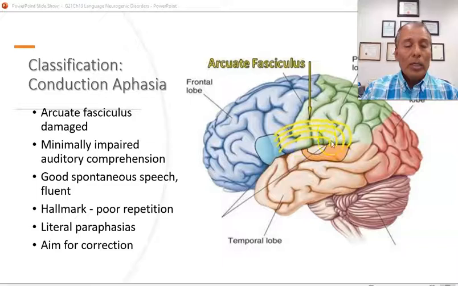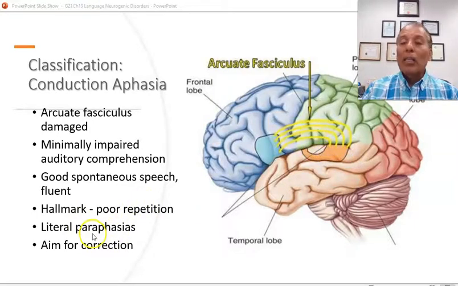So in most cases, the person will have just slightly impaired auditory comprehension. They have good spontaneous speech because spontaneous speech is mediated by Broca's and the motor cortex for the most part. They have difficulty repeating sentences and words.